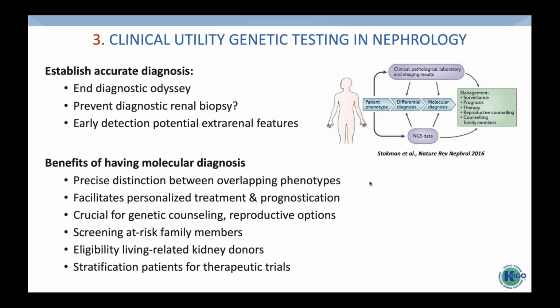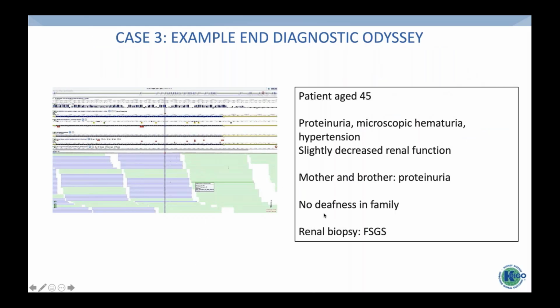It is important for screening at-risk family members, and that again is also important to determine the eligibility of potential kidney donors in the family. And finally, for a research kind of option, it may stratify patients for potential therapeutic trials in future.